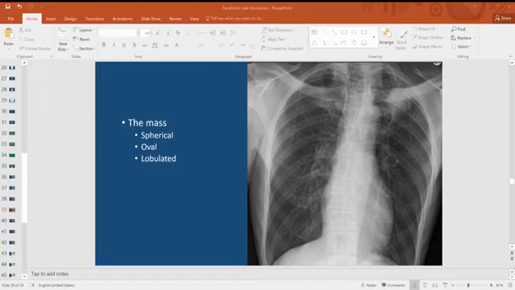It looks like a rounded mass lesion in the left apex. We can move to the next question.